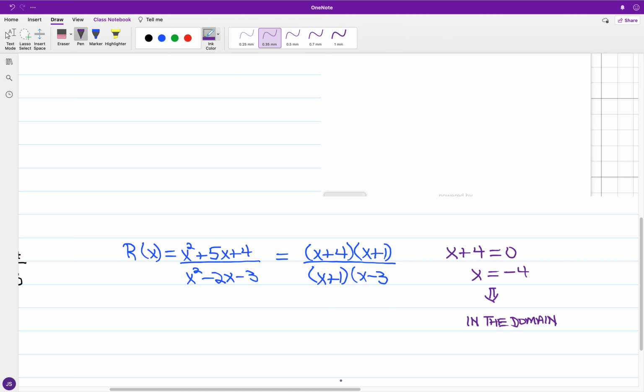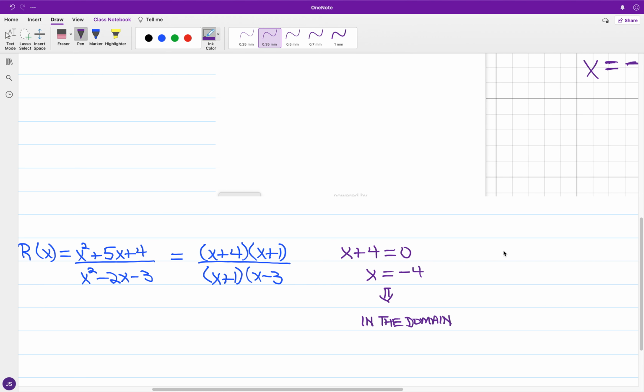Now for the other variable factors, we have x plus 1 equal to 0, so x is equal to negative 1. Because x plus 1 is in the numerator, it can be easy to assume that negative 1 is in the domain. However, since x plus 1 also appears in the denominator, while we can have a zero numerator, you cannot also have a zero denominator.